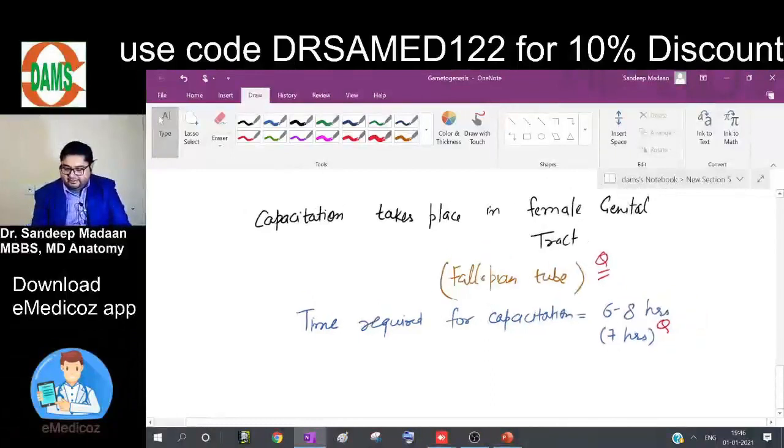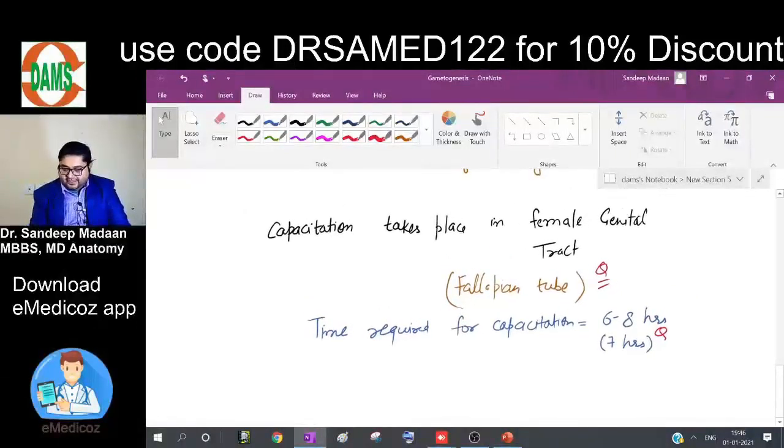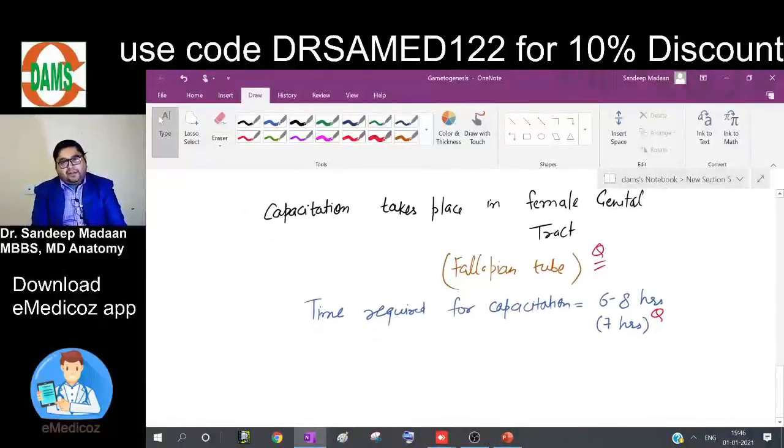All right. Now the time required for capacitation is clear, but what is the time required overall, from the first step to the spermatozoa formation? That means if I ask you what is the time required for spermatogenesis, the full process, what should be your answer?